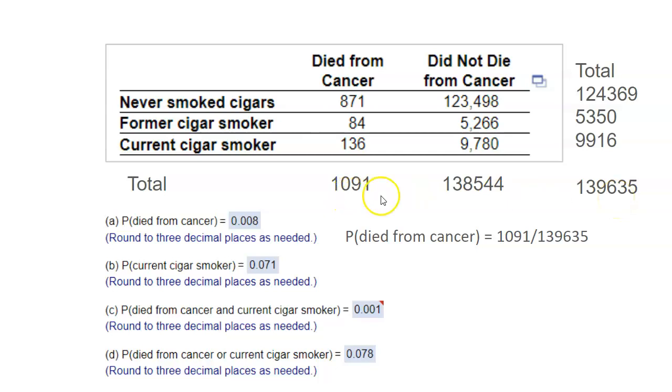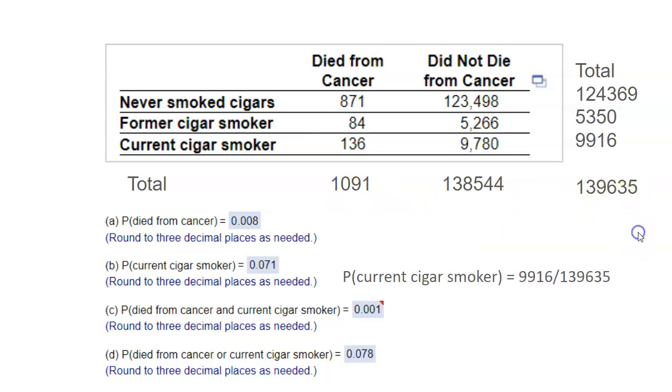So the part divided by the whole, think of it that way. Next, we were asked about the probability that someone is a current cigar smoker. So I noticed that is through a row, this row here, current cigar smoker. I find the total number of people who are a current cigar smoker and divide by the total number of people altogether in the table and can come up with that probability.